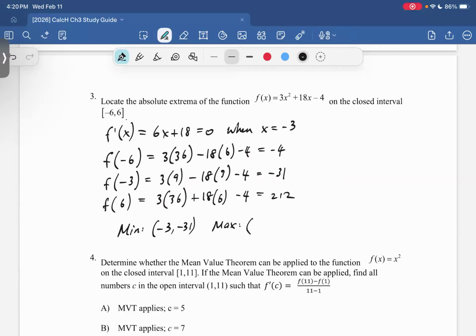My maximum is (6, 212). Hope this is correct. Okay, good.